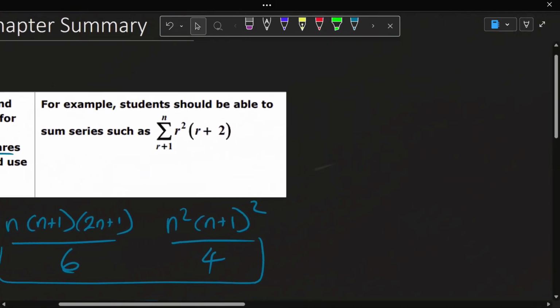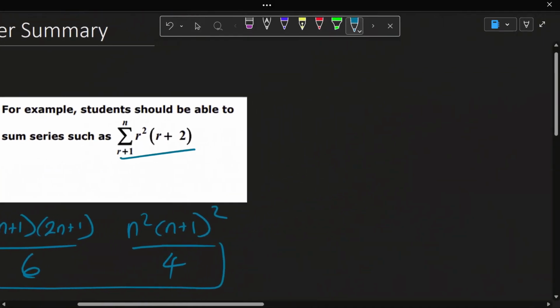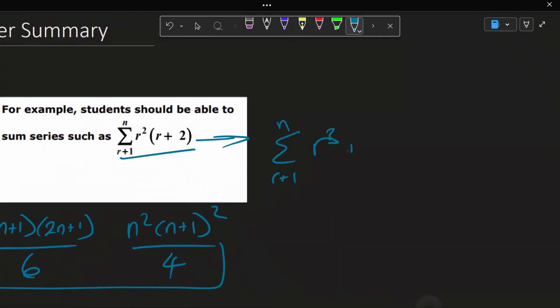These formulae are going to allow us to find sums like this. We can rewrite this as the sum of r cubed plus 2r squared, and our limits are n and r plus 1, so we're finding the sum of every value from r plus 1 to n.